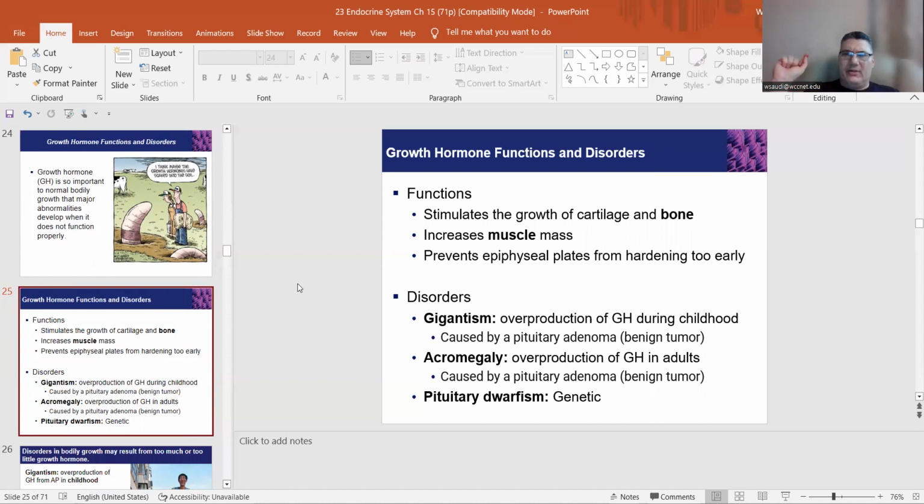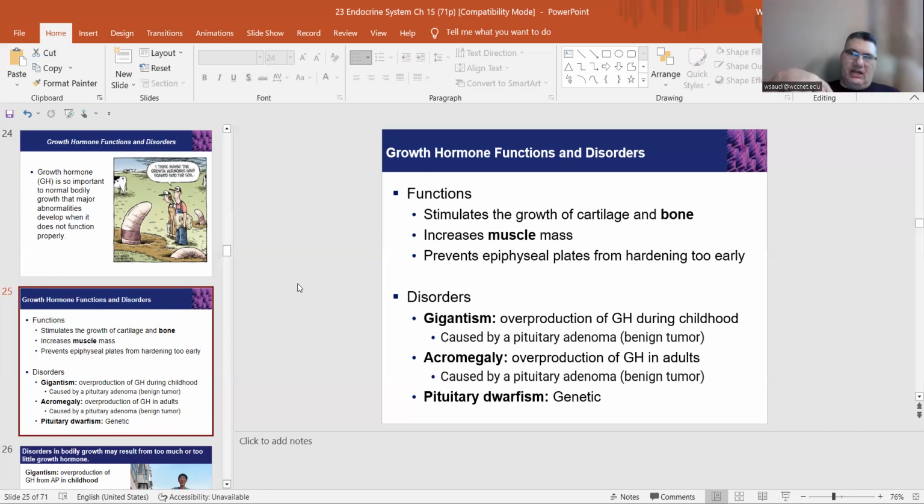And where is the growth hormone coming from? Growth hormone and prolactin are the two direct secretions from the anterior pituitary, beside the orders that we talked about. How long is the growth hormone stimulating us?